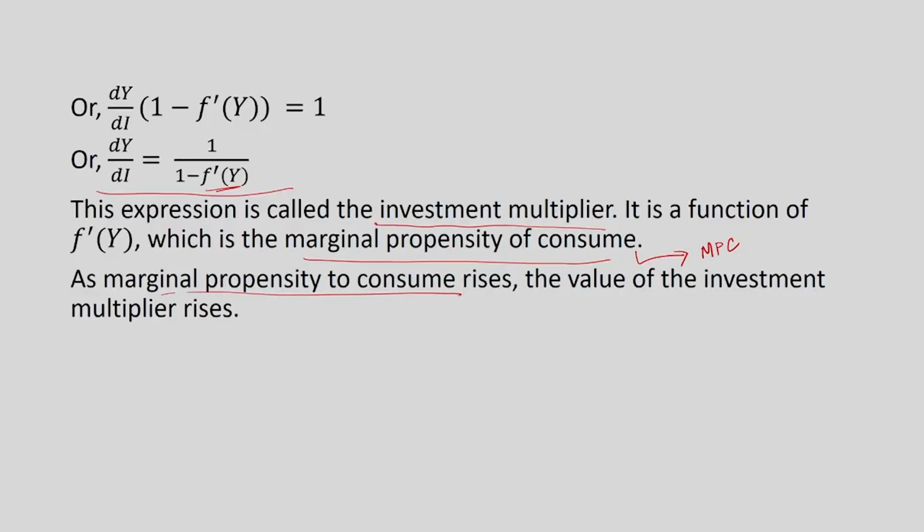And we have seen before that this MPC should take a value less than 1, and you can now see why that is true. If MPC is equal to 1, then this term becomes undefined, it becomes 1 divided by 0. So, MPC to make this term meaningful should take a value less than 1.